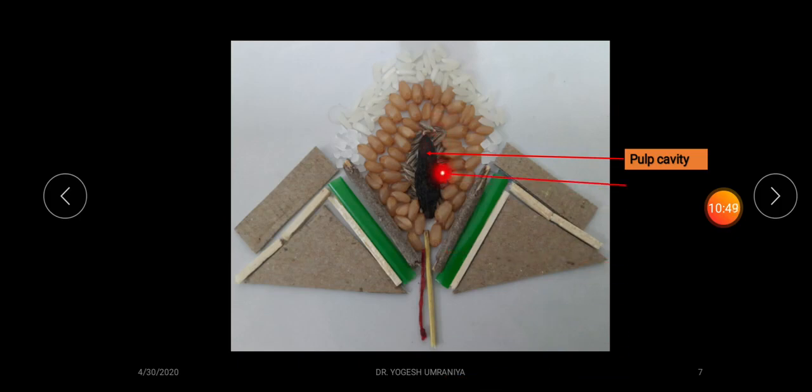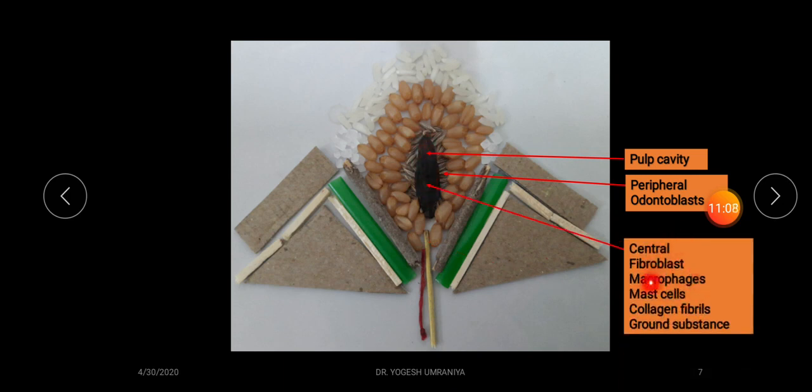On the peripheral aspect of this pulp cavity, you will find columnar cells referred to as odontoblasts. Now in the central aspect of this pulp cavity or root canal, you will find cells termed fibroblasts, macrophages, mast cells, as well as collagen fibrils, along with the ground substance. That is all lying in the center portion of the pulp or root canal.